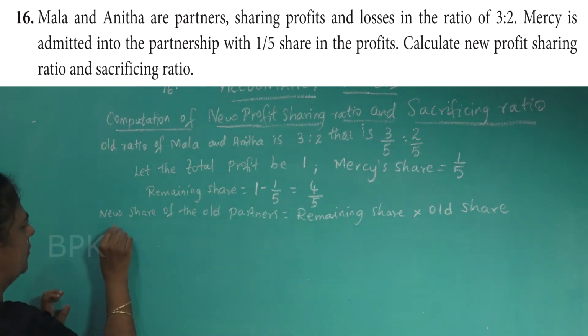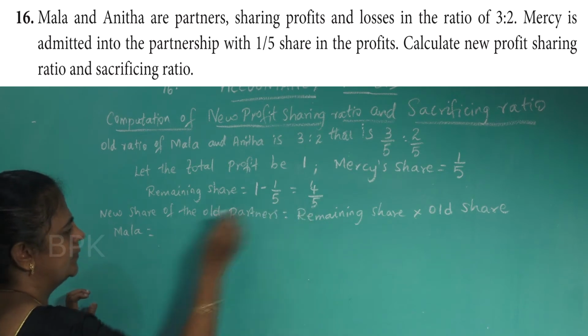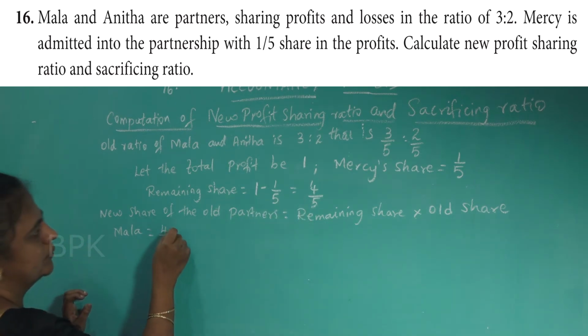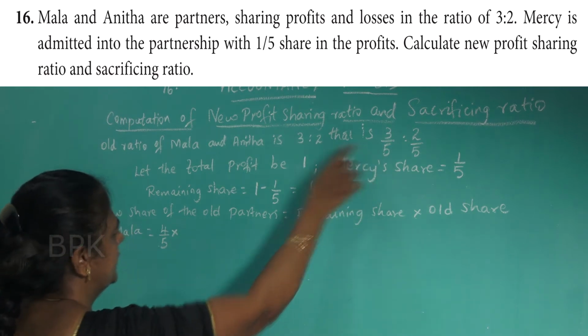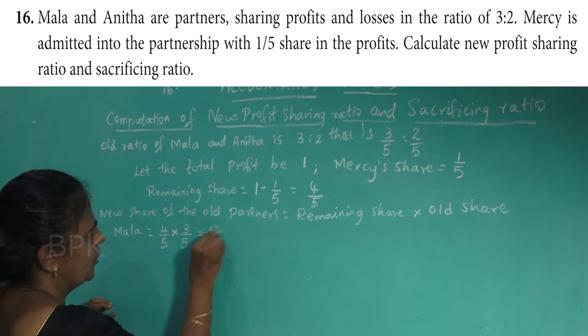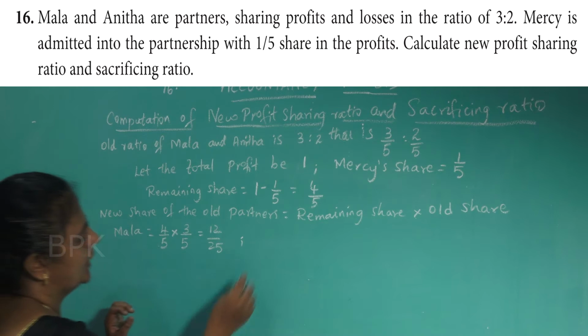So first find for Mala. What is the remaining share? Remaining share is 4/5 into Mala's old share. Old share is 3/5. So multiply, 12/25 for Mala.